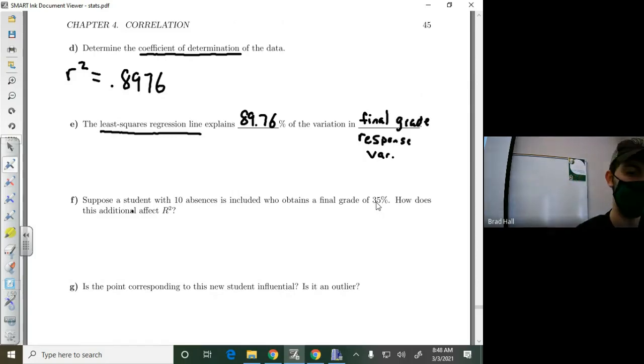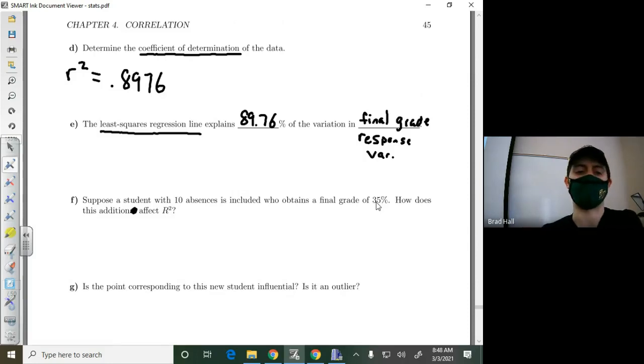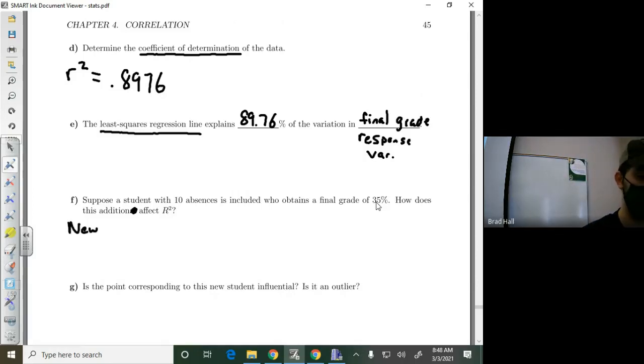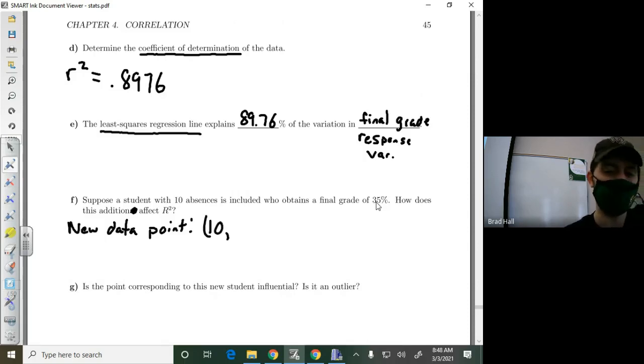How does this addition affect r squared? So basically, if we throw in a new data point, so there's a new data point that we're going to add to our graph or our data set. It's the ordered pair 10, 35.